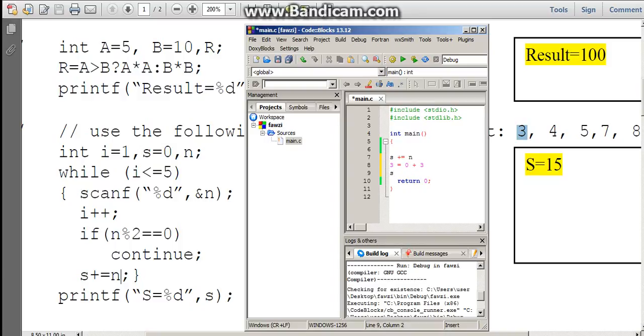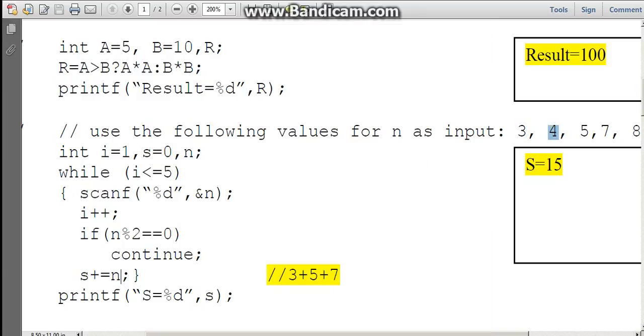Now s equal to 3. Now we need to also substitute 4 instead of n. The remainder is gonna be equal to 0, right? So they just escape this one because the condition here is 0, so we just escape this one.